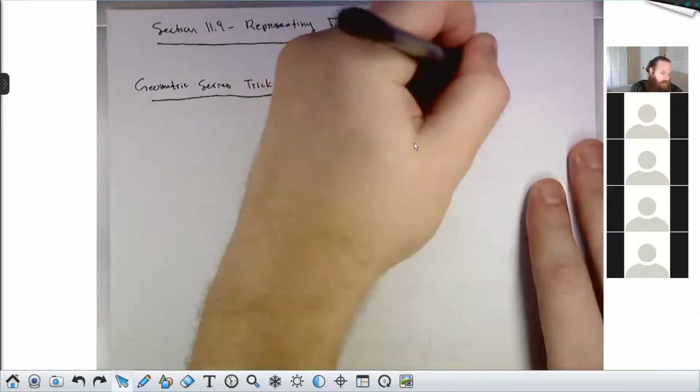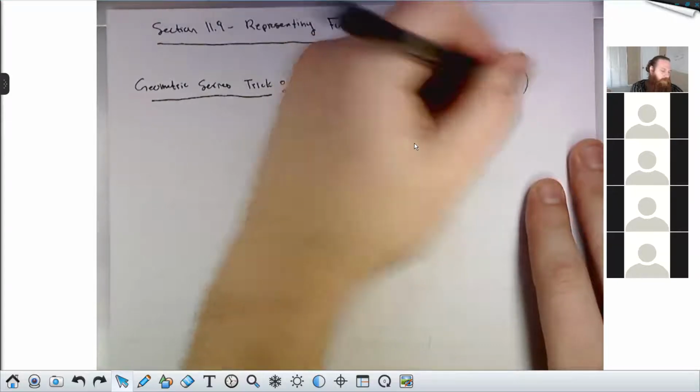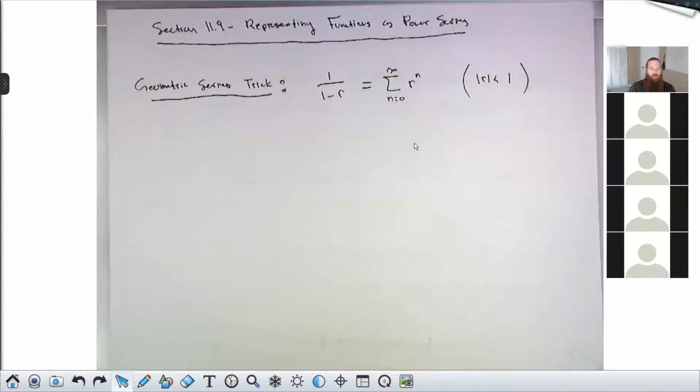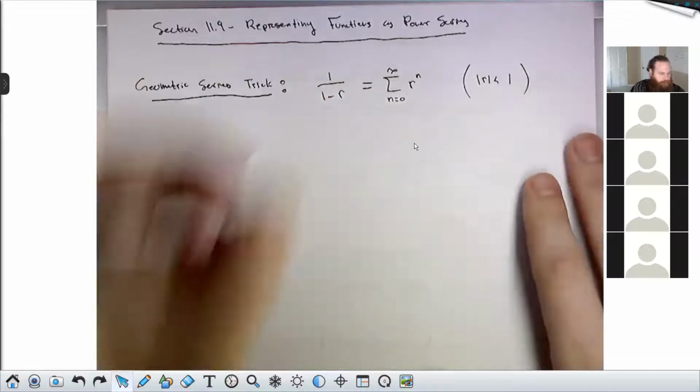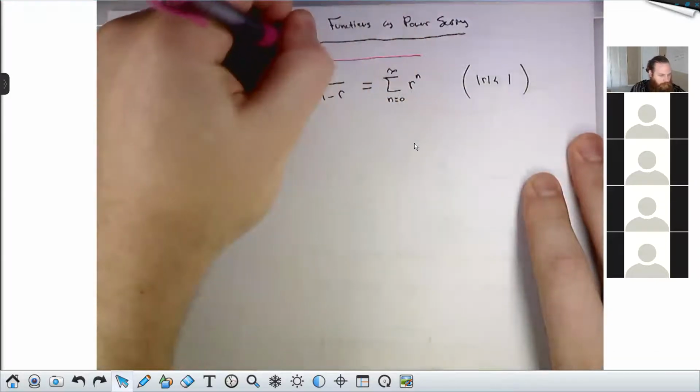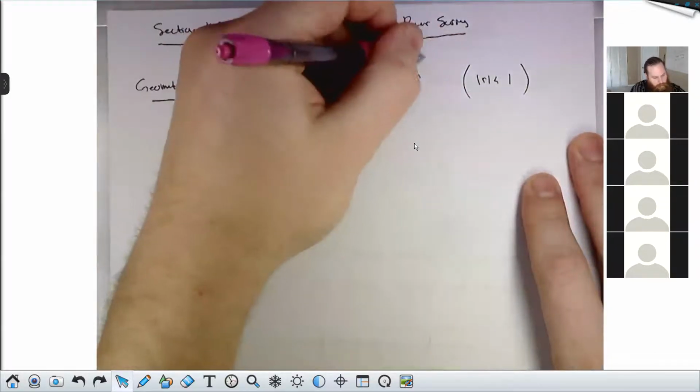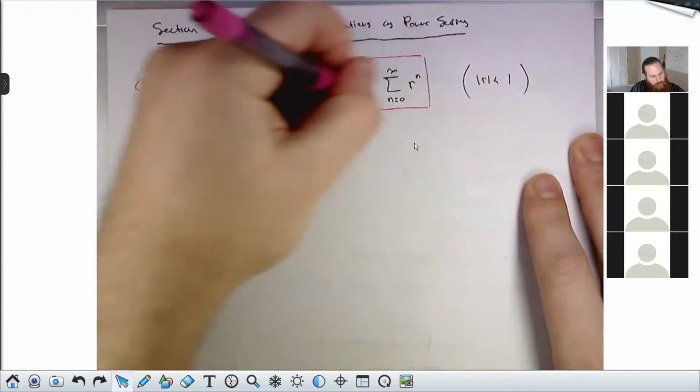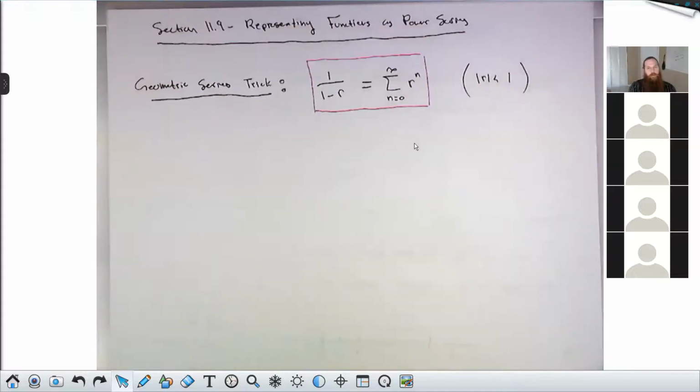The convergence here is only when the absolute value of r is less than 1. But this is the important thing to remember. For all of the 11.9 problems that you have in this week's homework, this is literally what you use, this and nothing else.